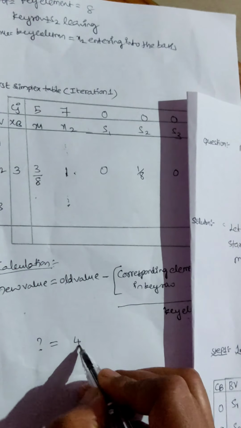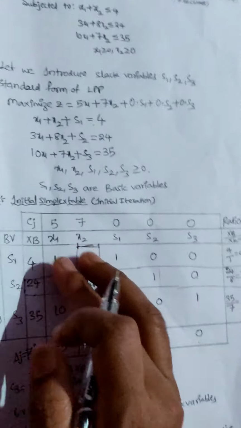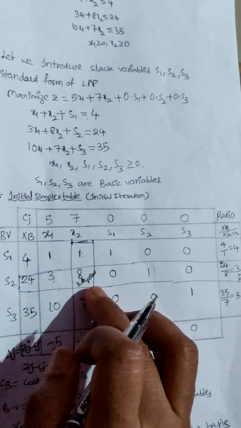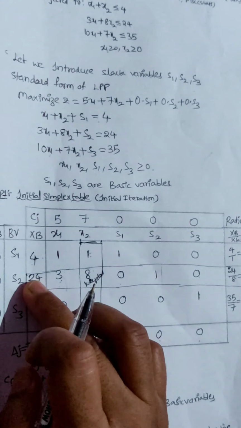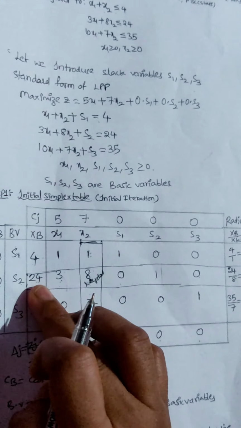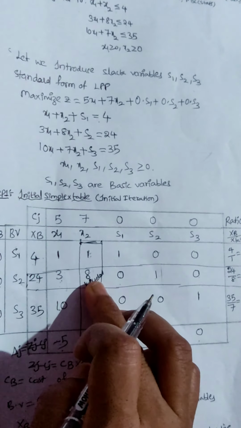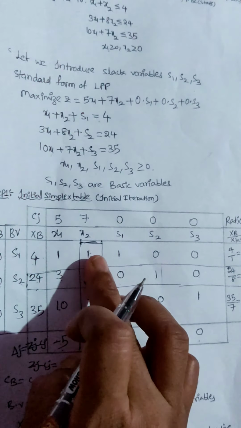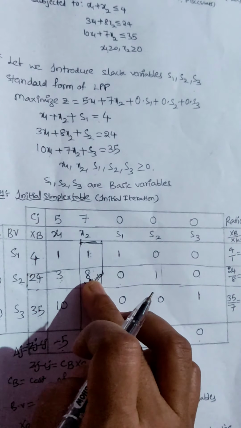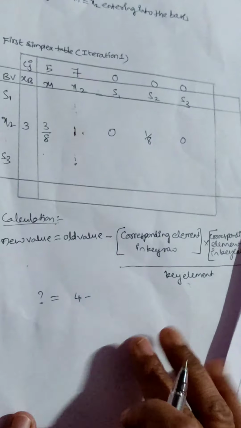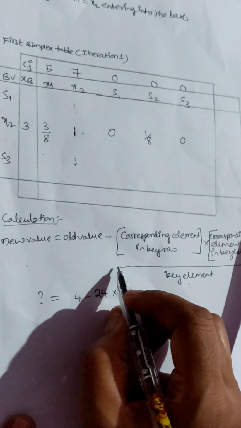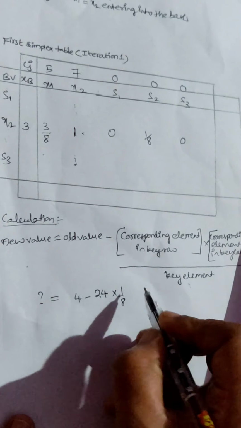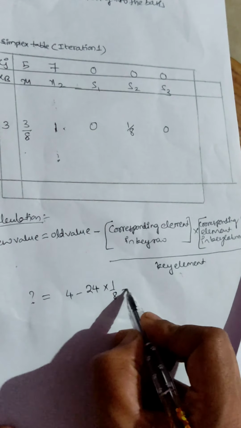Old value is 4. For this old value, the corresponding element in the key row is 24 and the corresponding element in the key column is 1. The key element is 8. That is 4 minus 24 into 1 by 8. Okay, let me write like this.